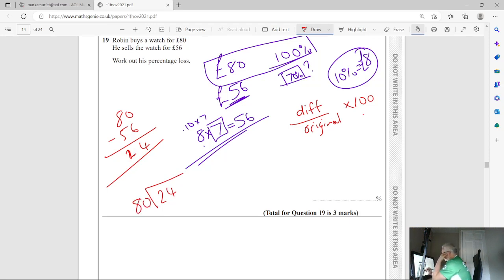And again, I'm going to try and simplify this. If I divide this by 10, it makes 8. Divide this by 10, makes 2.4. So I've just simplified that by dividing both the inside number and the outside number by 10, because I don't want to do the 80 times table, I just want to do the 8. 8 into 2 goes 0. Carry it backwards. 8 into 24 goes 3.